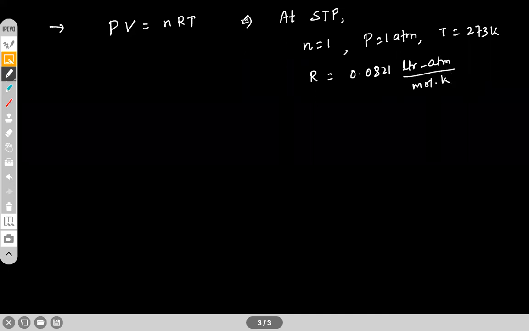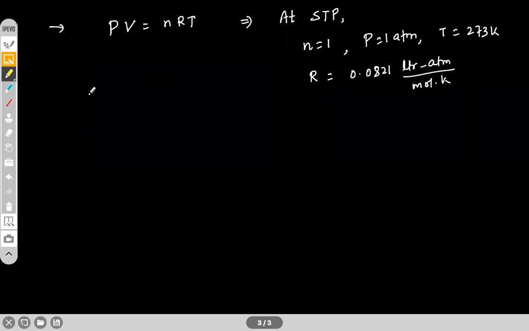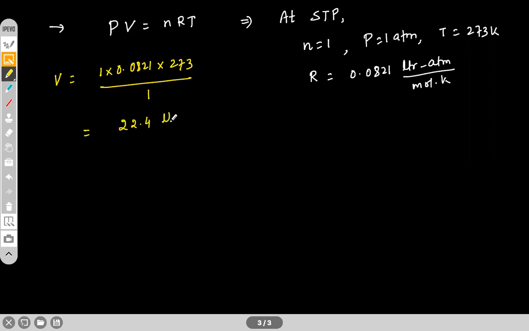Now, when you substitute all these values to find volume V, the expression is V = 1 × 0.0821 × 273 divided by 1 atmosphere. When you solve this, you get approximately 22.4 liter.